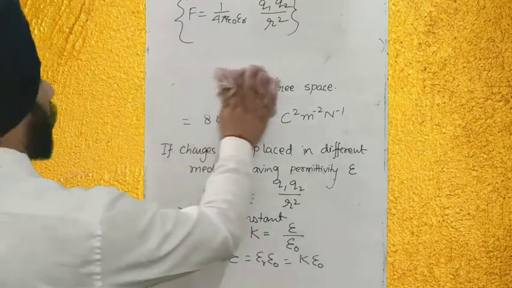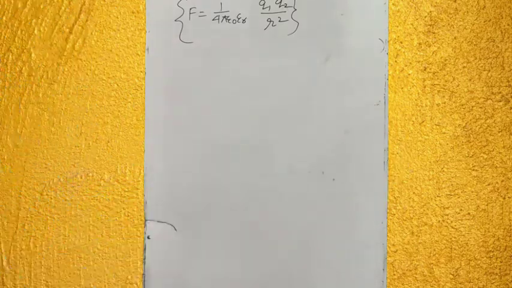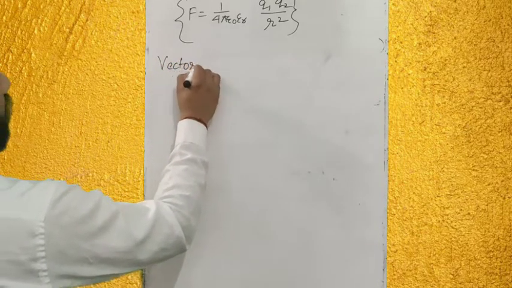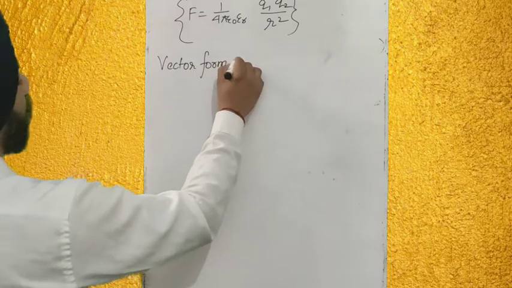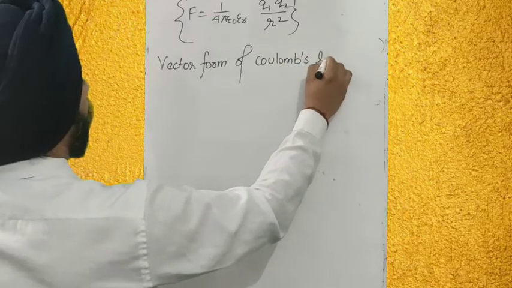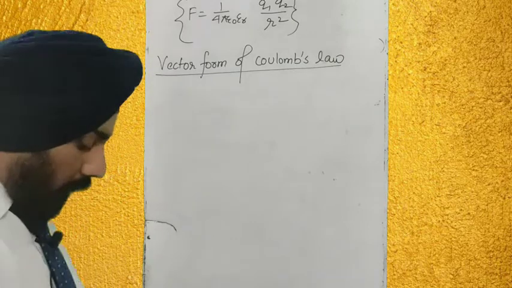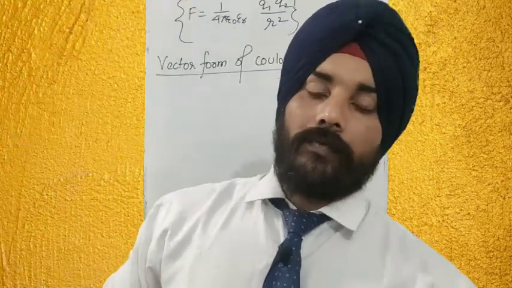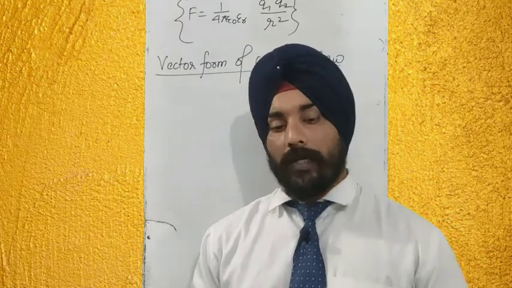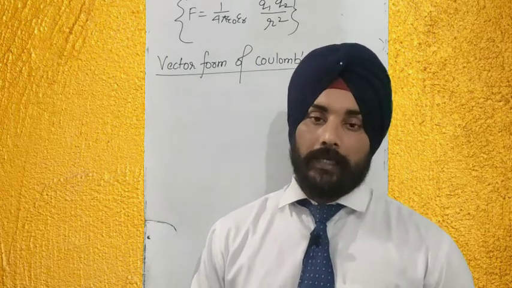Now let's talk about something very important, that is the vector form of Coulomb's law. Students, you might know that force is a kind of vector quantity. Vector quantities are those which need direction as well as magnitude to express.